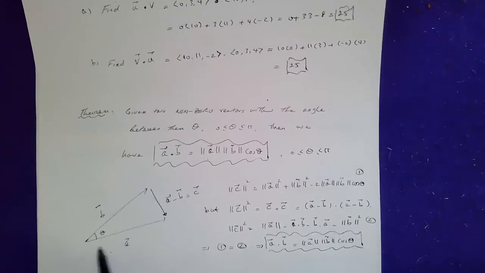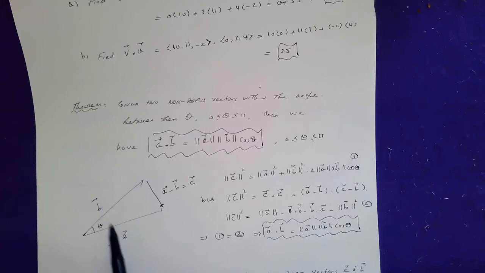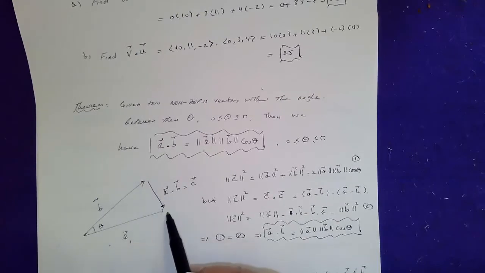That means if these are two non-zero vectors, namely a and b, and you connect the terminal side of b to the terminal side of a, that would be the vector called a minus b. Remember, that's how you find the difference between two vectors.